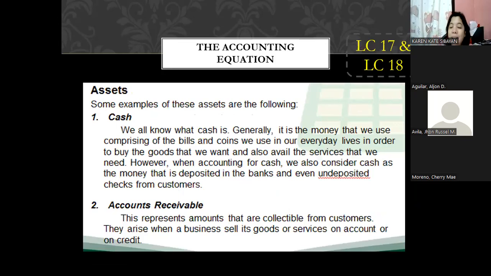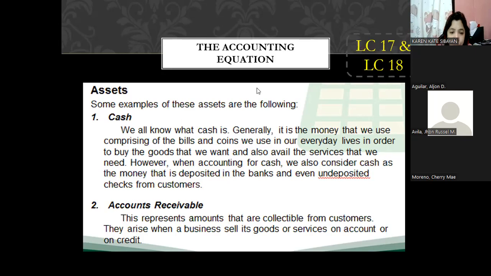Usually, assets are subdivided into current and non-current assets. The difference is that a current asset is easily converted into cash, while for non-current assets, medyo matagal yung pag-convert natin into cash.